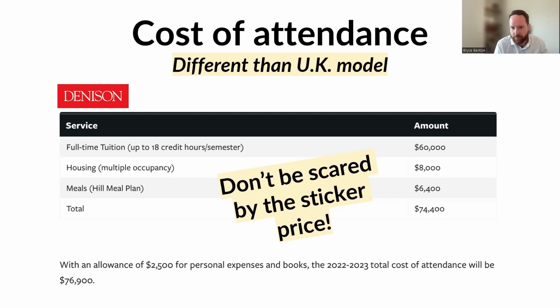So your actual cost of attending a place like Denison may be more similar or competitive to other institutions that have a lower sticker price but don't offer aid and scholarships. It's just something to be aware of. What's important at the end of the day as an applicant is understanding what you're going to be expected to pay each year towards these costs, and that might be different from the sticker price.